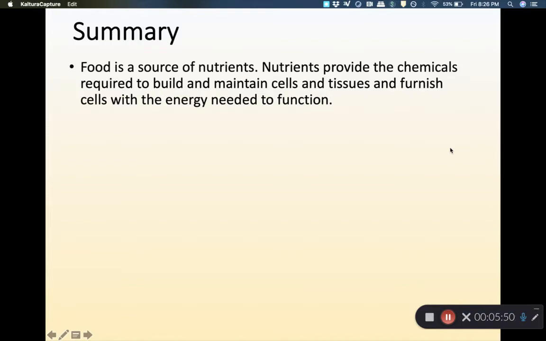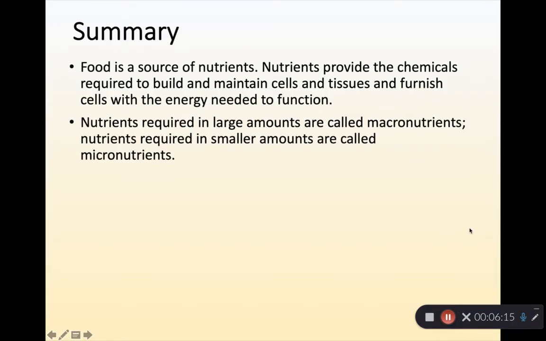So in summary for these lectures on energy, nutrition, and metabolism, first, food is a source of nutrients, and those nutrients provide the chemicals that are required to build and maintain cells and tissues and to furnish cells with the energy they need to function.